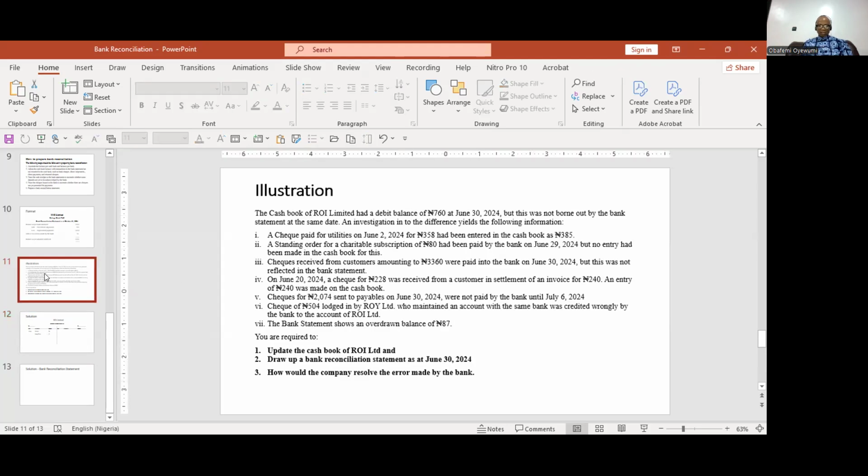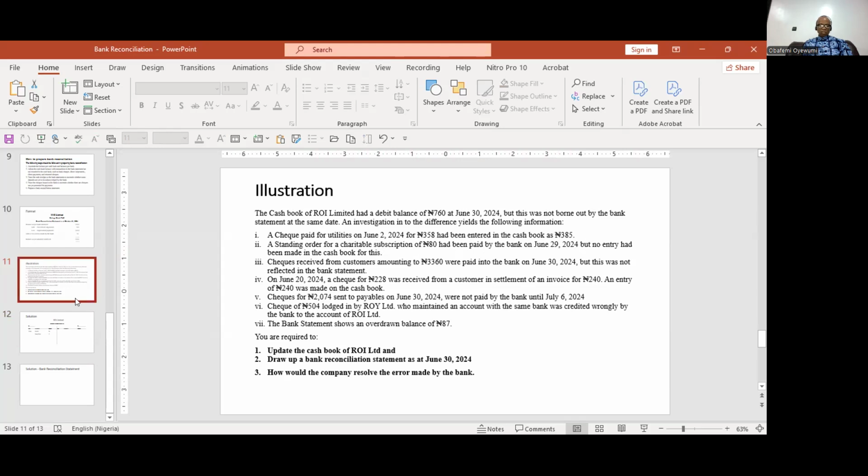Okay, let's go back to the next one. A standing order for a charitable subscription of 80 had been paid by the bank on June 29, but no entry had been made in the cash book. So I haven't received the bank statement. You observe that they actually made an 80 naira subscription to an organization. A standing order of 80 naira had been made.